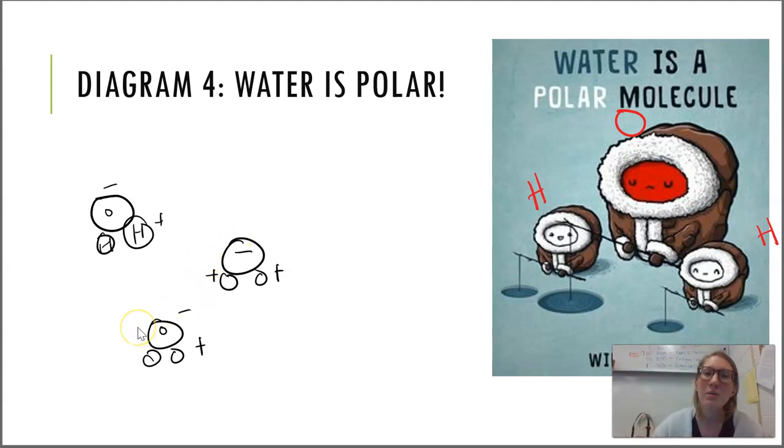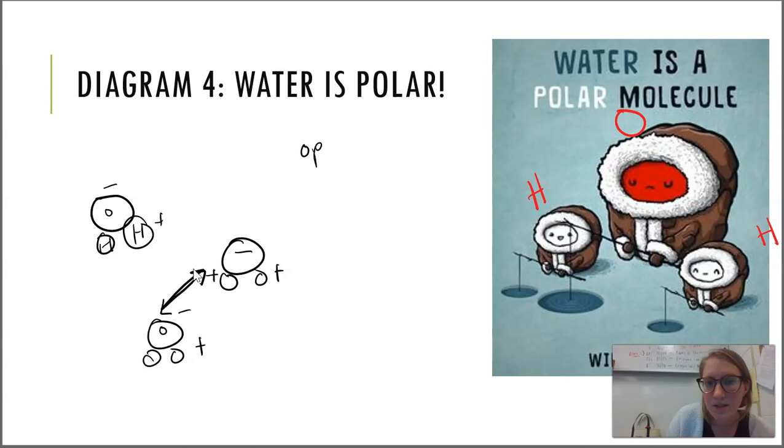And what do we know? Think about your magnets. You have one side that's positively charged, one side that's negatively charged, and opposites attract. You have a magnet, they are going to attract to one another if you have one negative and one positive side. So there's going to be a little bit of attraction right here between the oxygen negative and that positive.